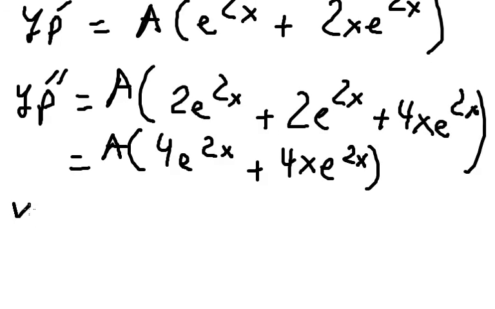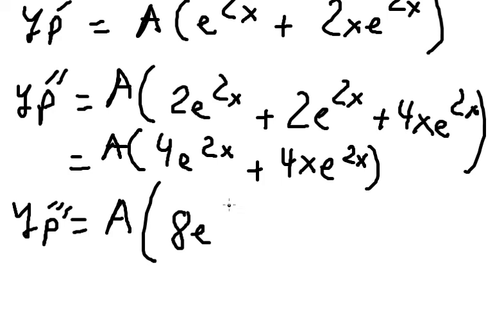Now we go to the third derivative of the function. So if I do the first derivative of this one, we have 2e to the power of 2s. We have 8e to the power of 2s. We do the first derivative of s, so you have 4 e to the power of 2s.